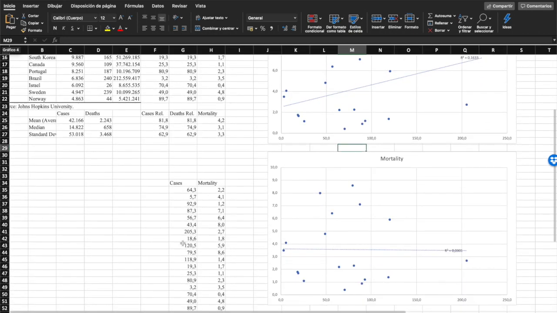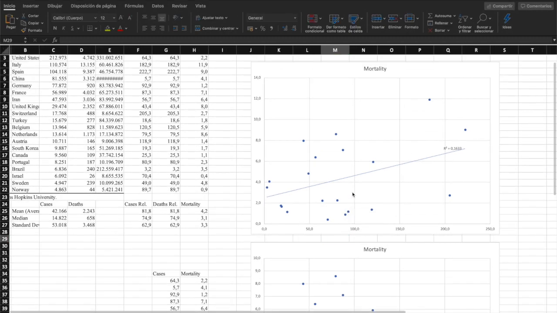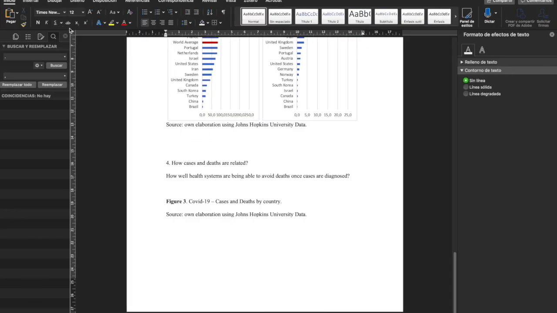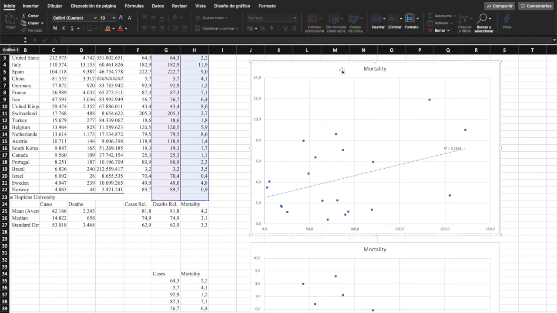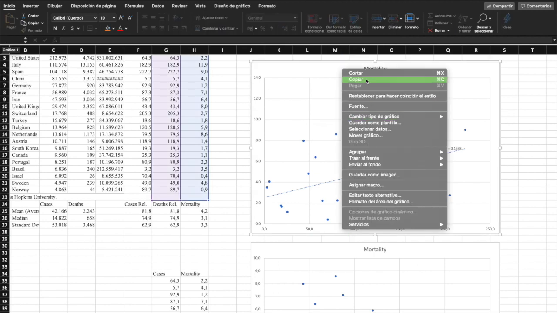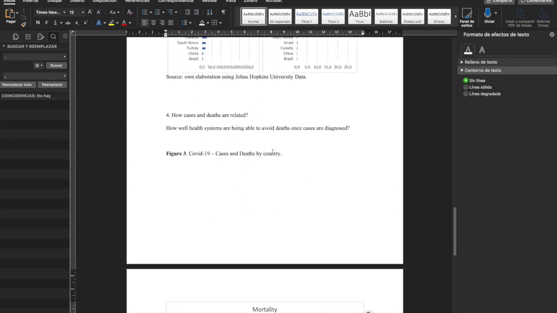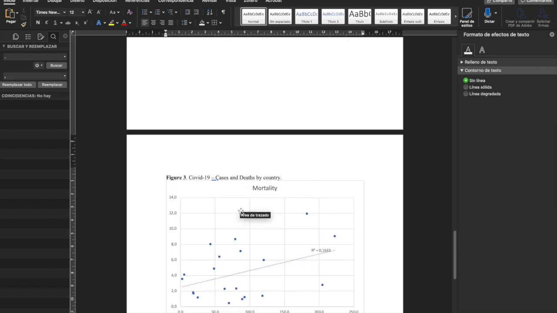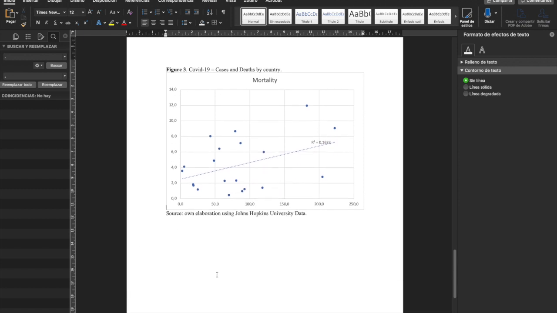So let's focus on these two graphs. Let's make the same thing, just copying and pasting this. Always, any graph or table, you need to have a title, you need to have the graph, and you need to have a source below this.